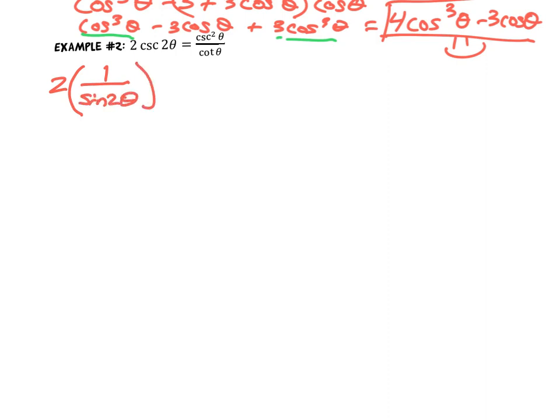All right, and I know what sine 2 theta is. 2 divided by 2 sine theta cosine theta. And obviously the 2's cancel. So you get 1 over sine theta cosine theta.